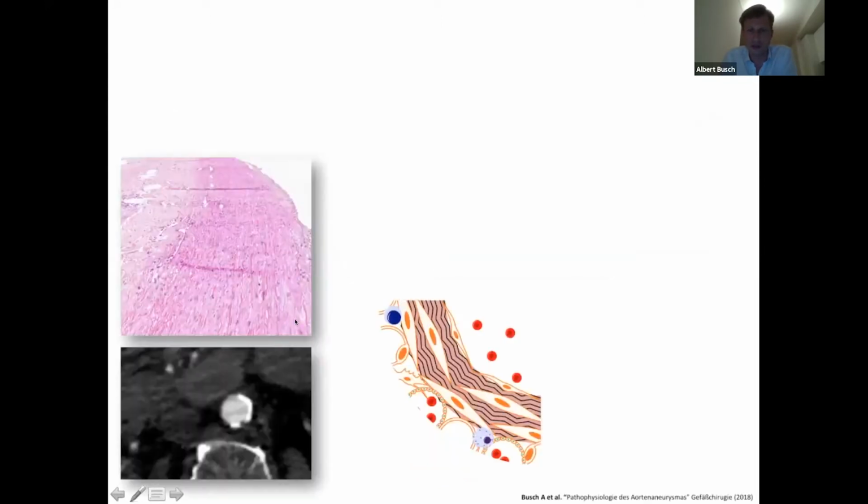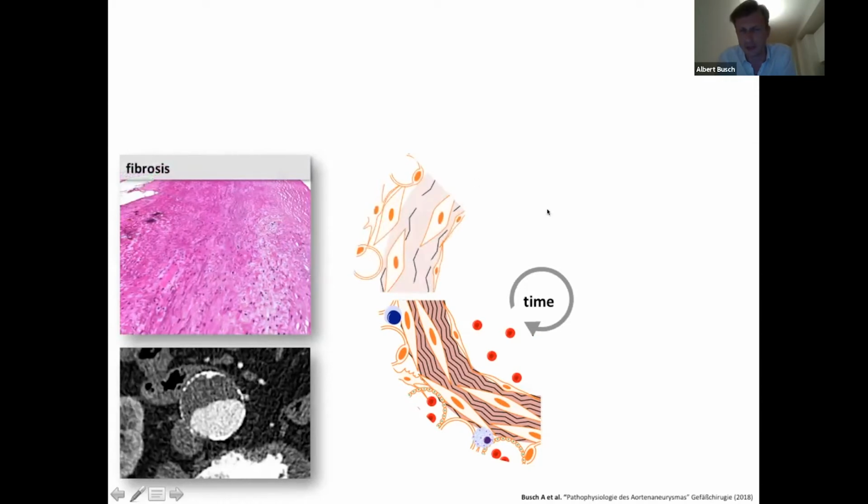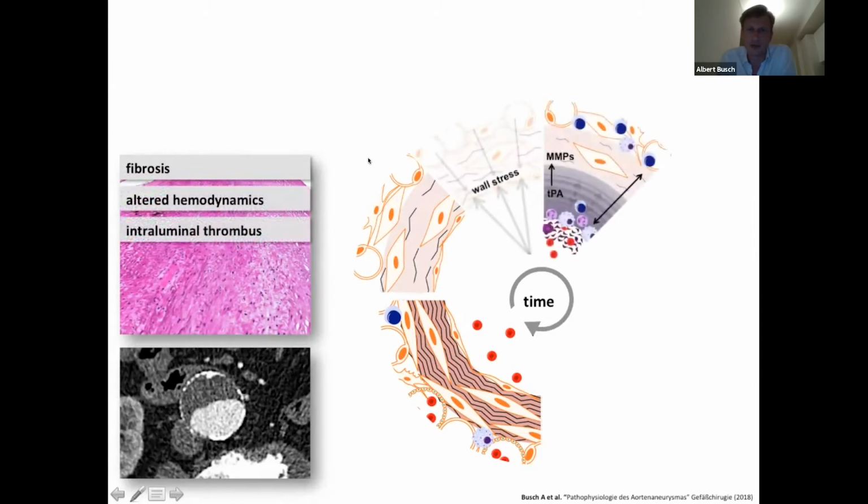Just to start off, most of you are, of course, in the field of aneurysm research, so you know that the normal architecture within the normal aorta changes rapidly over the course of time. And of course, we have those from human samples, from open repairs, from intact and ruptured aneurysms, as my predecessor already talked about, and we know that there is fibrosis going on. There is some different hemodynamics.